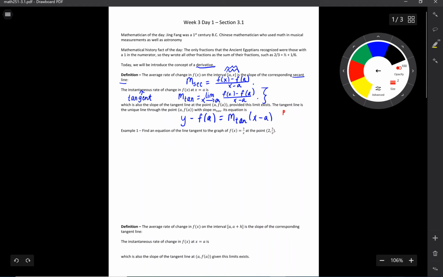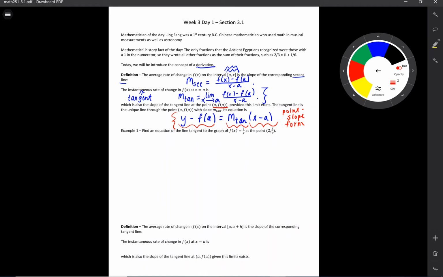This is in point slope form. So the tangent line going through the point a comma f of a is this thing right here. So this is the difference in y's, this is the slope, and this is the difference in x's. Again, this is point slope form. If you want to rewrite it in slope intercept form, that would be okay too.